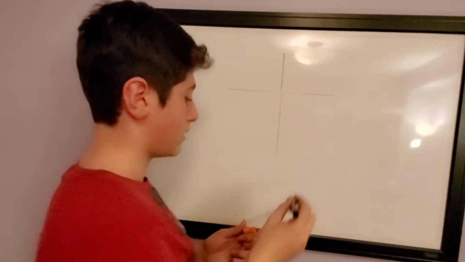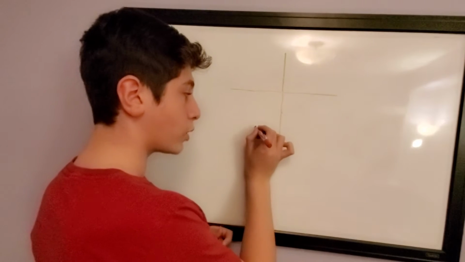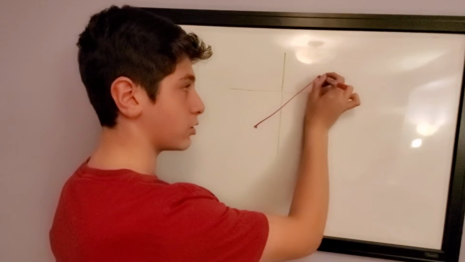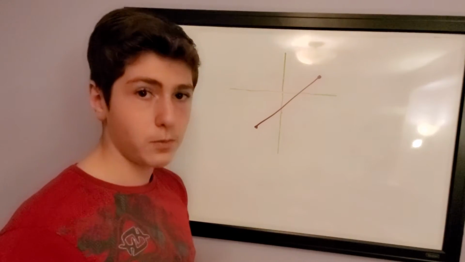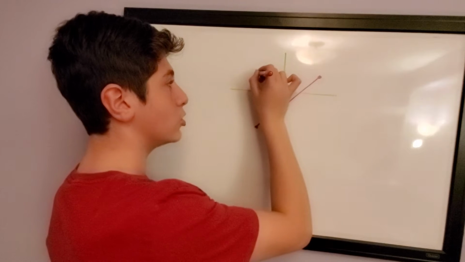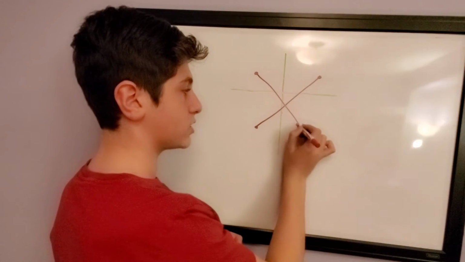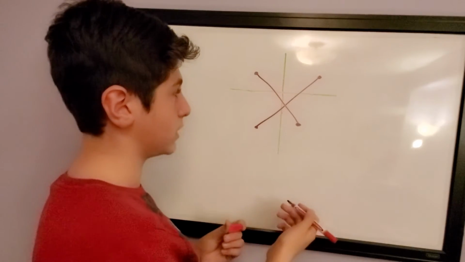A positive slope means that the line is going from a lower quadrant to a higher quadrant, so from a low point to a high point. A negative slope is obviously the opposite, going from a high point to a low point. This one is very good to see, right? Very easy to see visually.